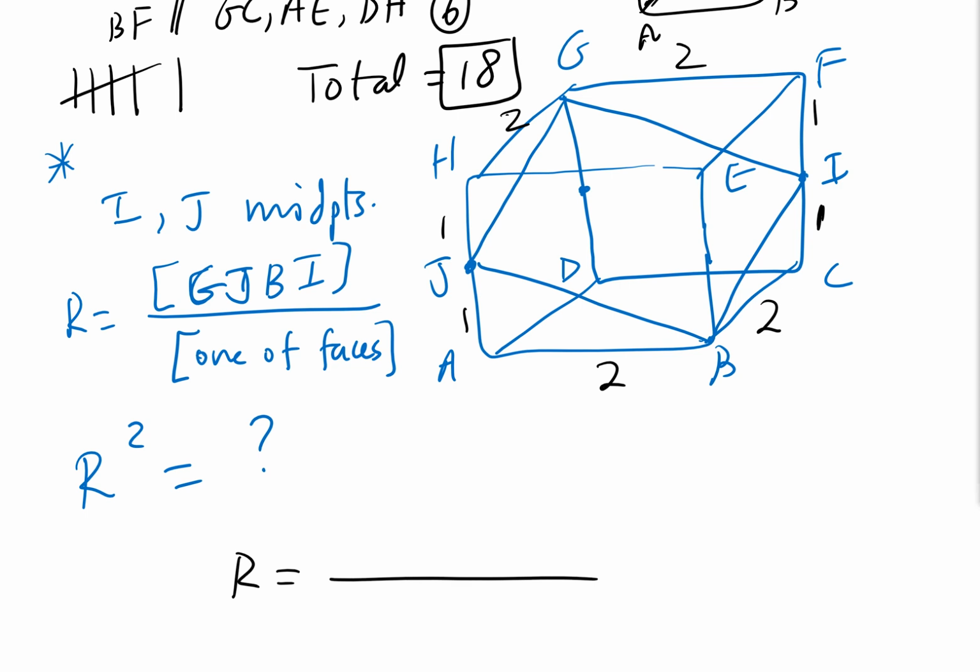Well, if this is 1 and 2 in this triangle here, we can find BI by the Pythagorean theorem. It is the square root of 1 squared plus 2 squared, square root of 5. So this is square root of 5. Okay, same thing here, 1, 2. This is a 90-degree triangle, square root of 5.